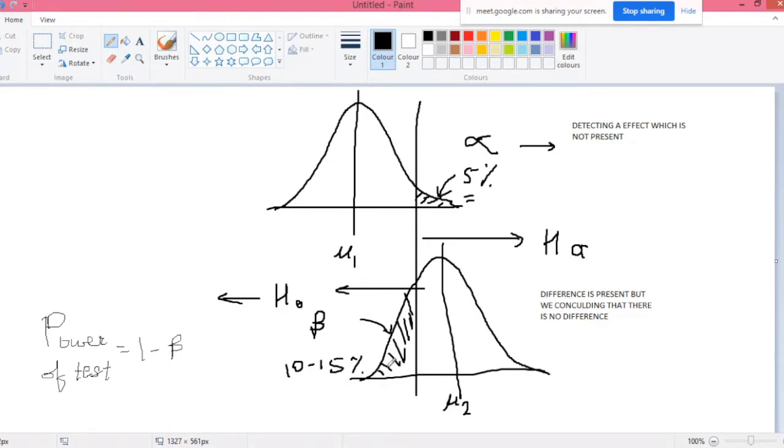You have to reduce the beta risk. Beta will be less. But when we reduce the beta, what happens to alpha? Alpha will increase. Instead of 5%, this may be 10%, and this will be 10% instead of 15%. Is it clear?